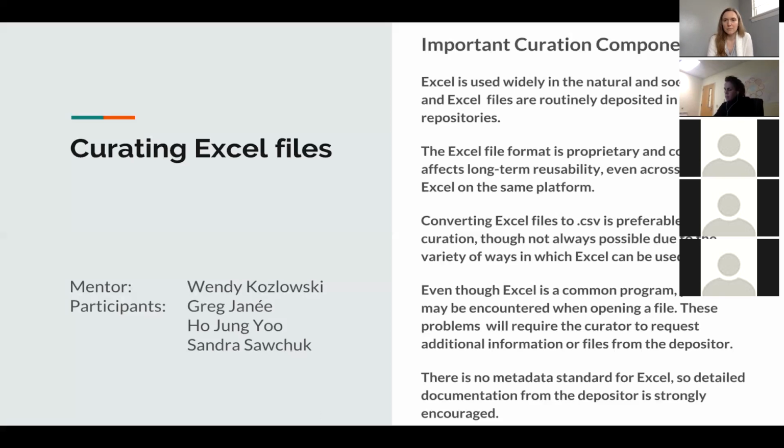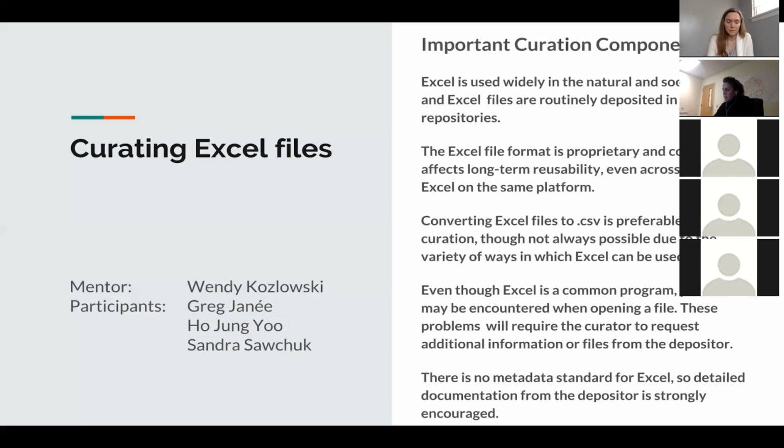That obviously is preferable for curation because it's essentially plain text and in many ways human readable. But because Excel can be used in so many different ways, it's really not always possible. One major drawback of the conversion to CSV, even for files that have tabular data in them, is that a CSV file can only be created out of one worksheet at a time.